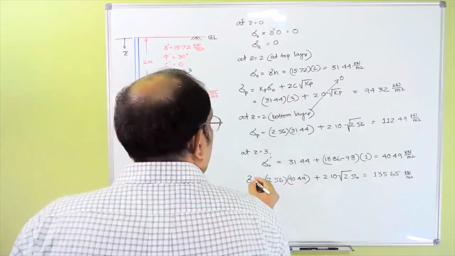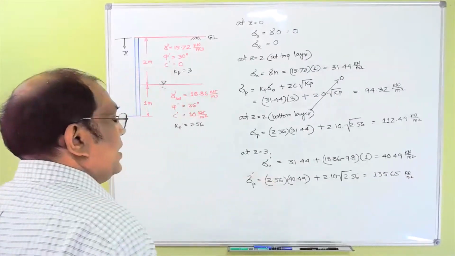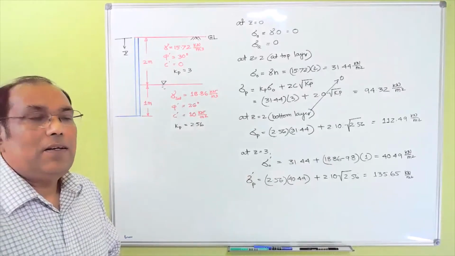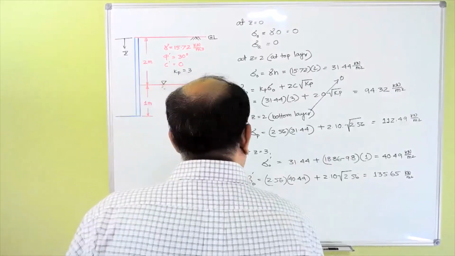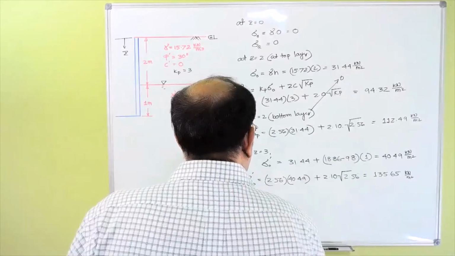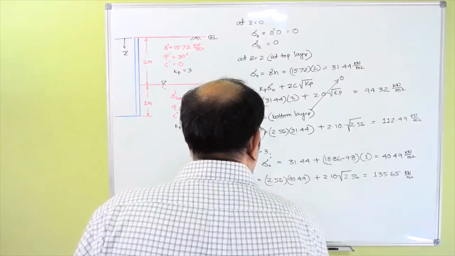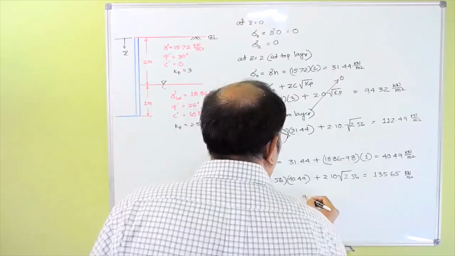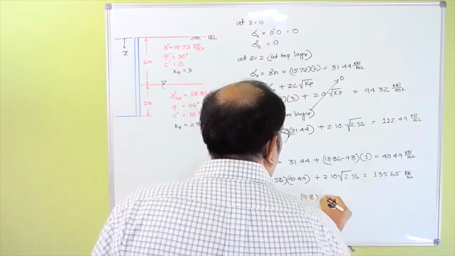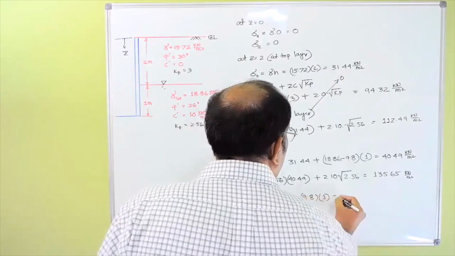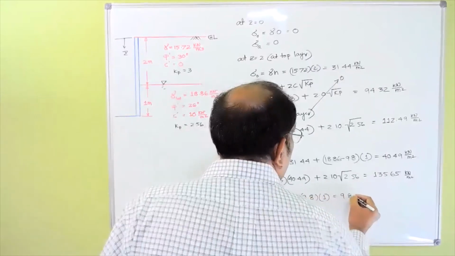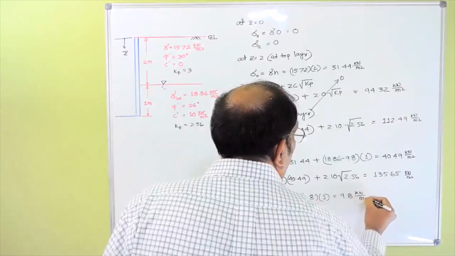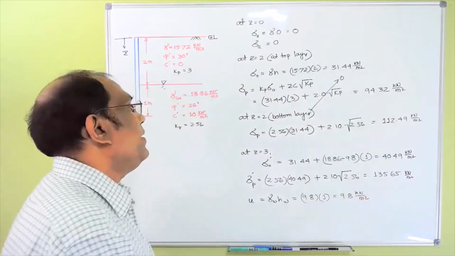So now you can find out actually this is my horizontal pressure only from the soil, okay? But my pore water pressure is actually gamma WHW, which is actually 9.8 into 1. That's actually 9.8 kilonewton per meter square. Okay.